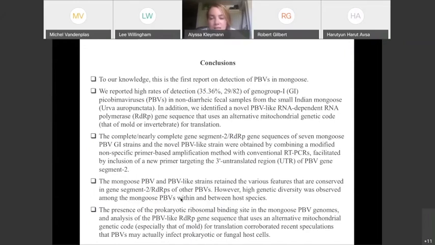However, high genetic diversity was observed among the mongoose PBVs within and between host species. The presence of this prokaryotic ribosomal binding site in the mongoose PBV genomes and analysis of the PBV-like RDRP gene sequence that uses an alternative mitochondrial genetic code, especially that of mold, for translation, validates recent speculation that PBVs may actually infect prokaryotic or fungal host cells.